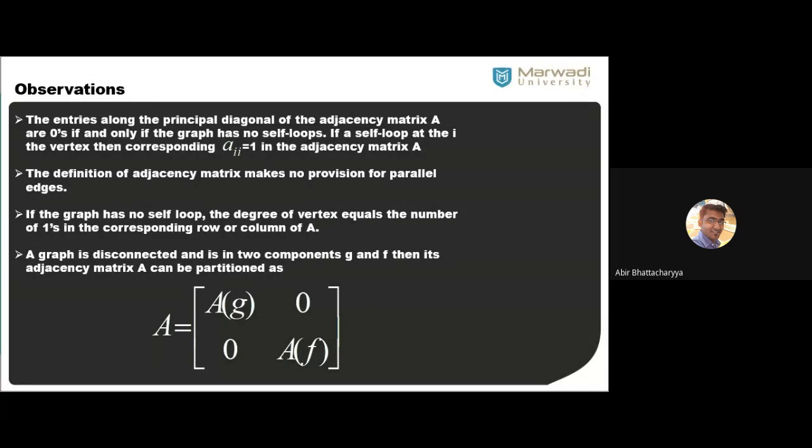What are the observations of the adjacency matrix? In case of a self loop, just put 1. Here there is some confusion, because some books note it as 1, some books note it as 2. I strongly believe it's 2, so mark it 2.